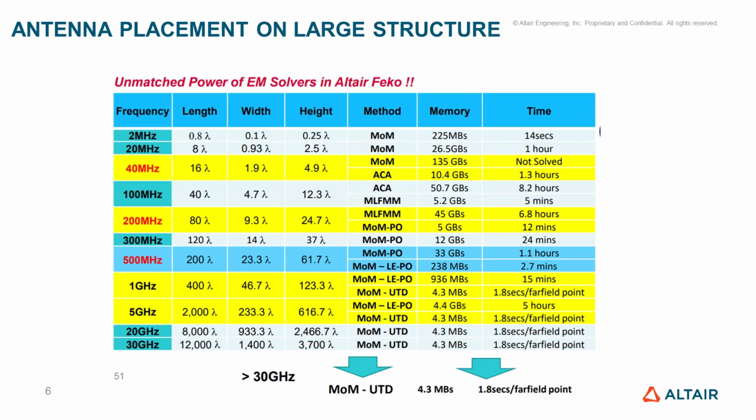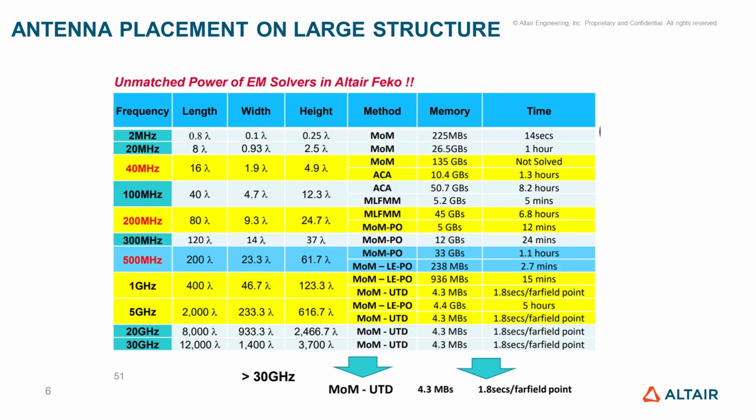So here we have a comparison table of an antenna placement problem on a large structure. The same problem has been solved with different computational methods at different frequencies, and so you can see the comparison in the table here between the memory requirements as well as the time that was required to solve them.